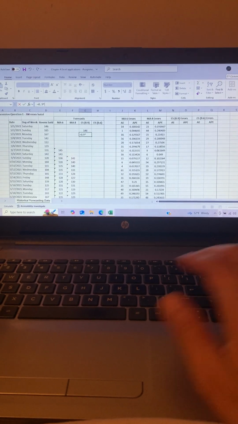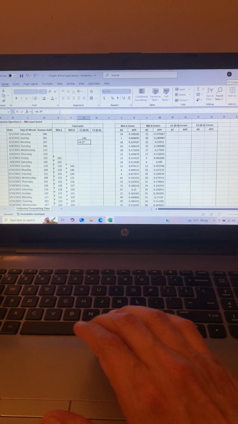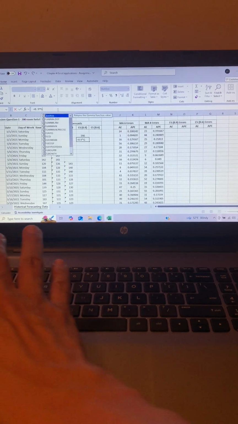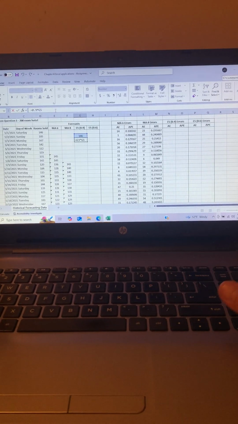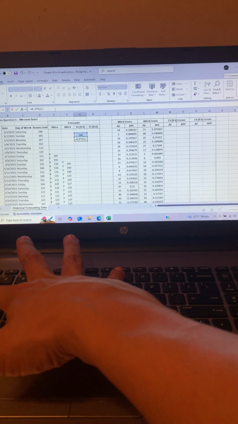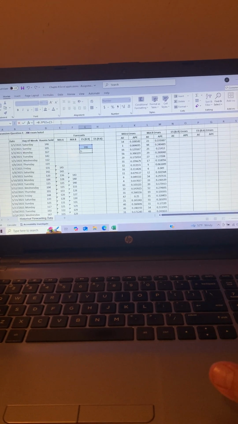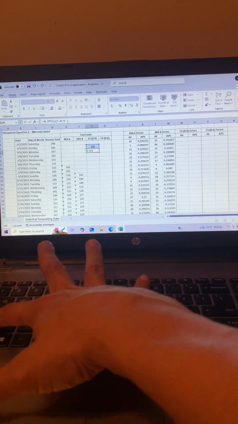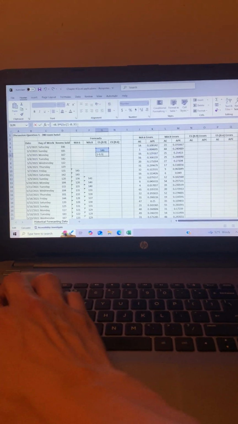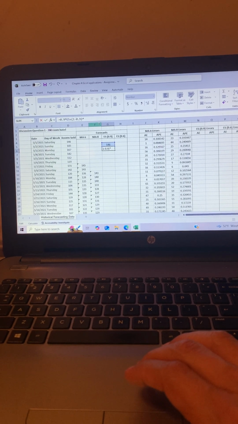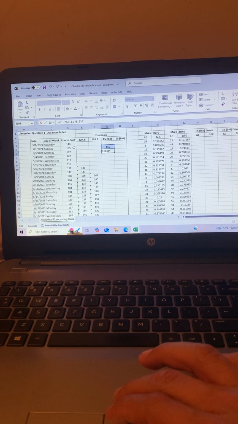Sorry, we're back. I'm just having Excel slowdowns. So times, we're gonna do G5, and then we're going to do plus, and then parentheses, 1 minus alpha 0.9, parentheses, and then times, and then our next one is D5.